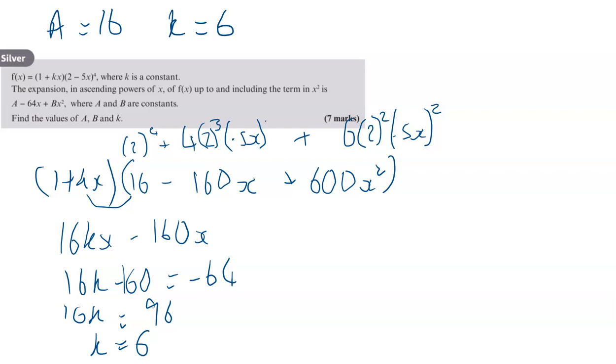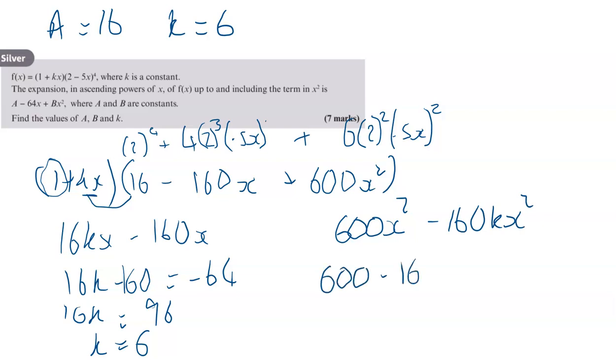So now we've found k, we can almost certainly find b. Same thing as before, we're going to look at the x squared term, which we do by the constant term times the x squared term. So that is 600x squared. And the linear times the linear, which is minus 160kx squared. So we know that 600 minus 160 times 6 is going to equal just b, because it's just b there.